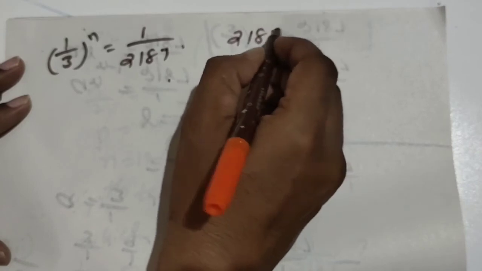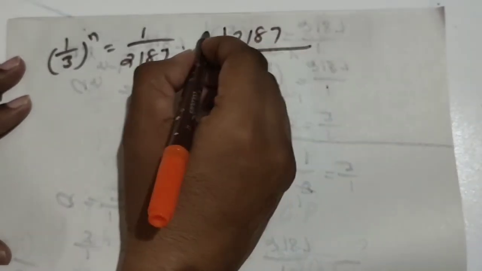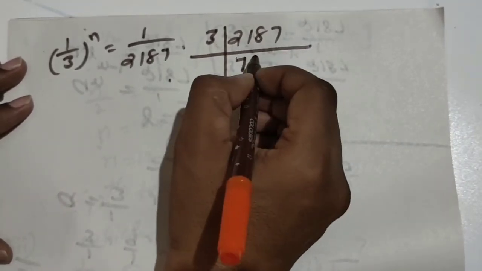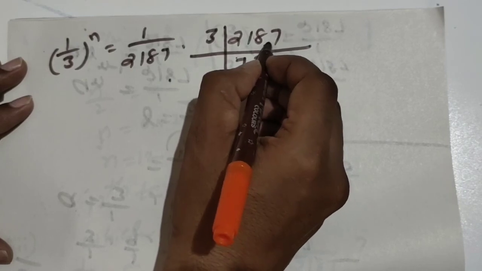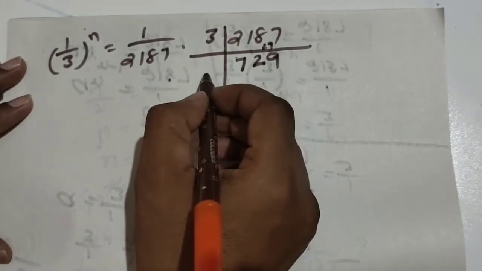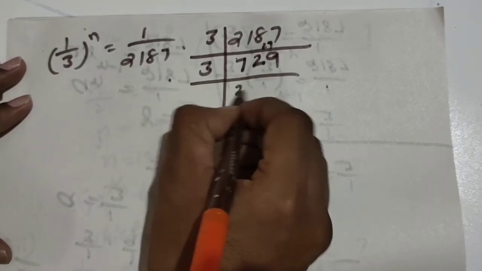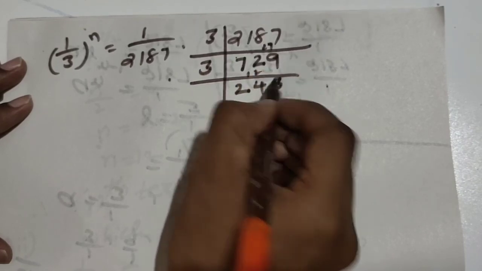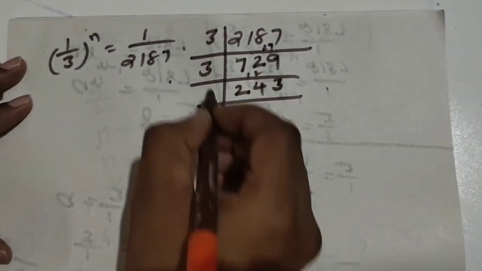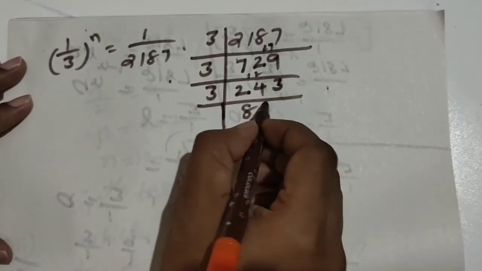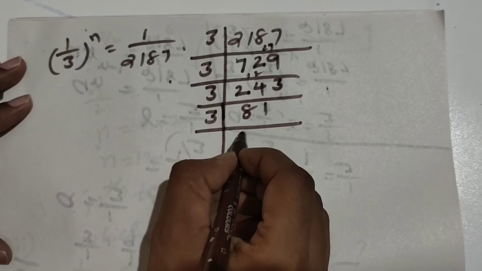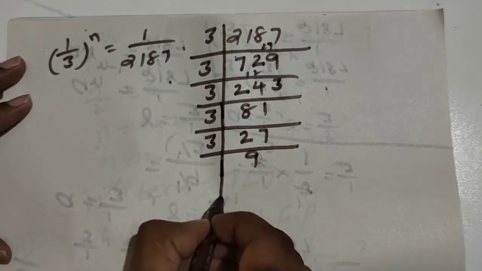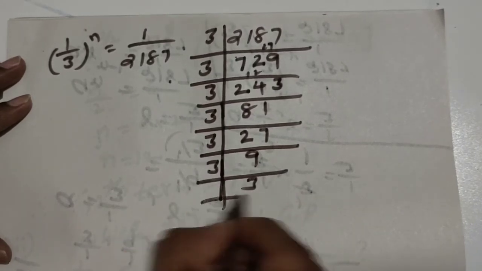So again factorization, see this carefully, once again I'm telling. 3 by 3 table only. 3 7s are 21, we have 8 on top, 3 2s are 6, balance 2, and again we have 729, balance, 3 9s are 27, and again 3 2s are 6, balance 12, 3 4s are 12, and again 9 balance, 3 3s are 9, and next 3 8s are 24, 3 1s are 3, and again 3 2s are 6, 21 balance, 3 7s are 21, 3 9s are 27, 3 3s are 9, 3 1s are 3.